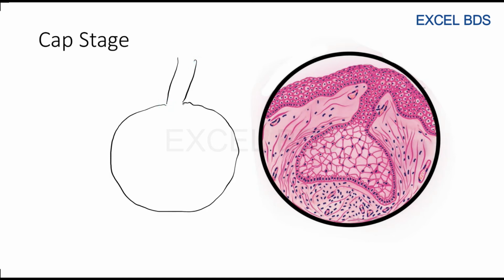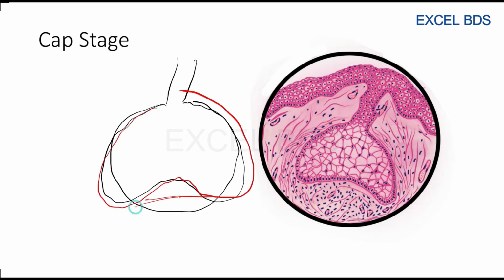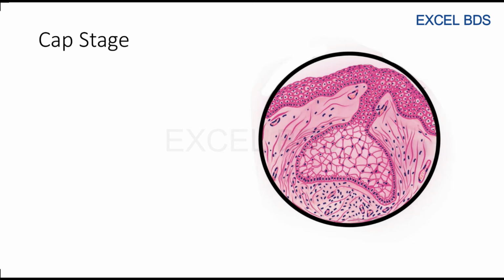It is growing unevenly, because the cells here are not proliferating. The cells only in this area and this area are proliferating. So it assumes a cap shape. That's why it is known as cap stage.